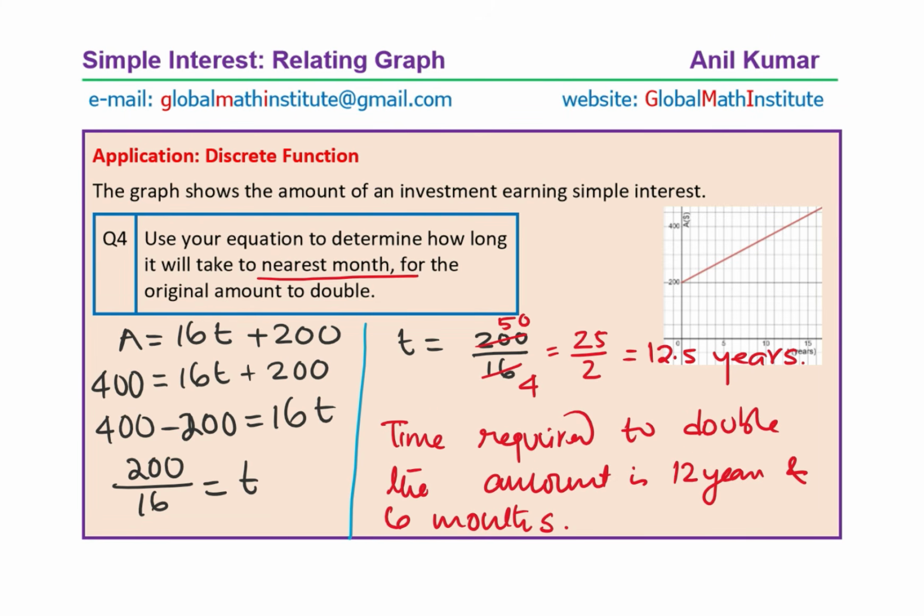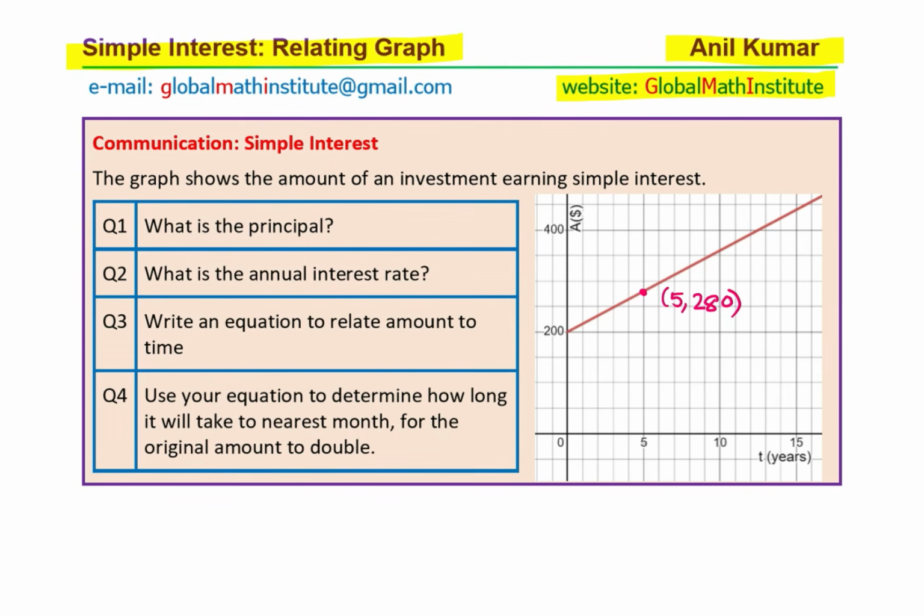So does it make sense? Perfect. With this, we have understood the complete concept. Let's look into the situation. We were given a graph which related to investment and increased amount based on simple interest. As you can see, it is always a linear graph.